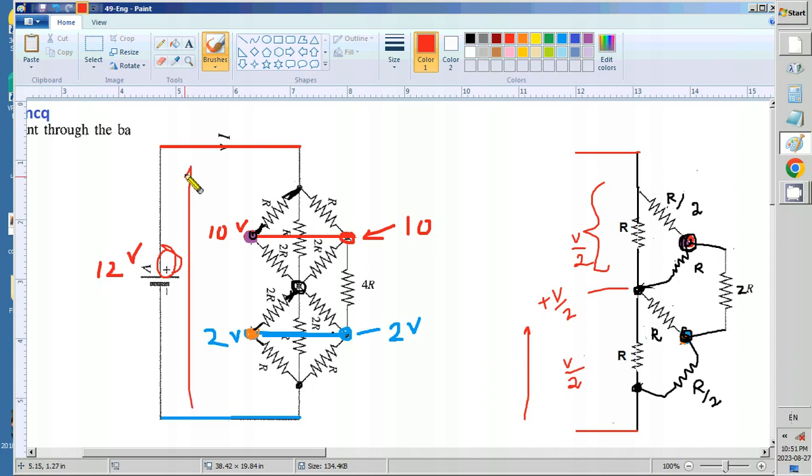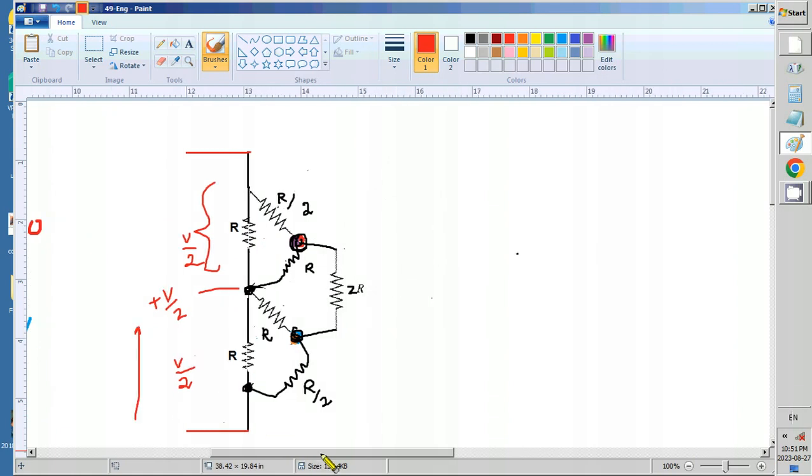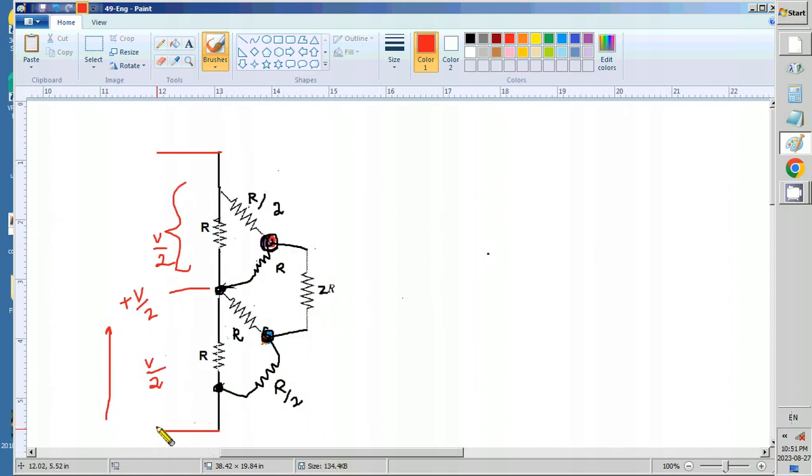So we are going to the positive region. Therefore we say this point is at half V positive.